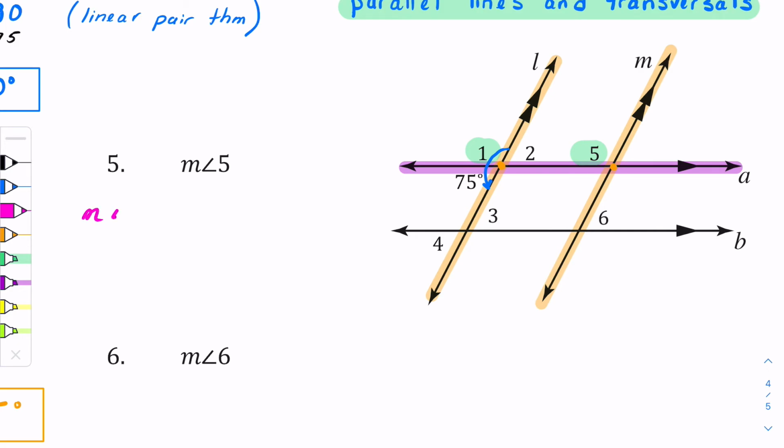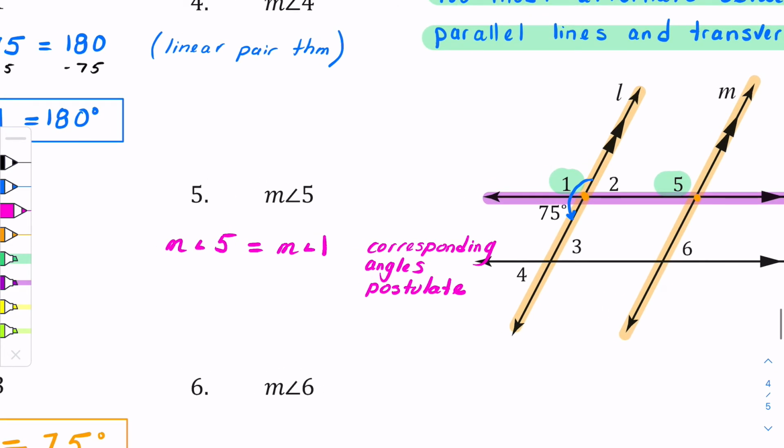So the measure of angle 5 is equal to the measure of angle 1, and we know that because of the corresponding angles postulate.